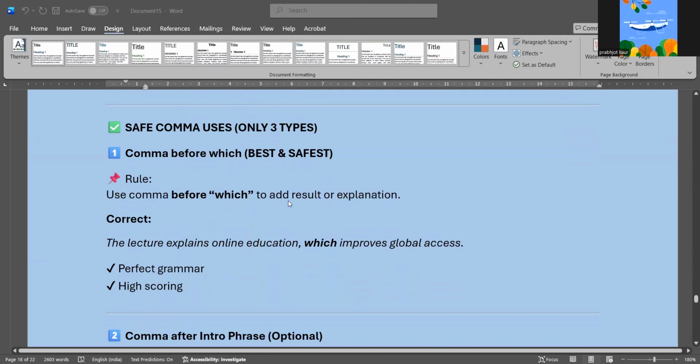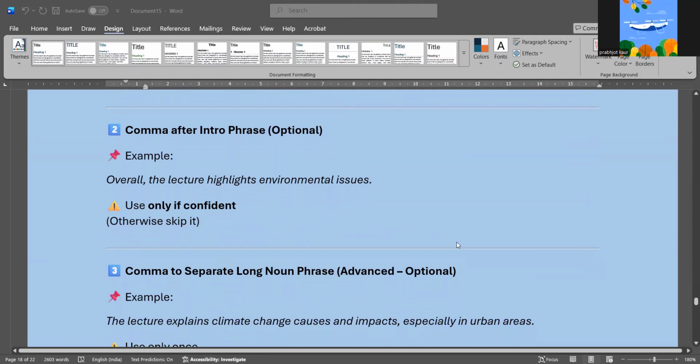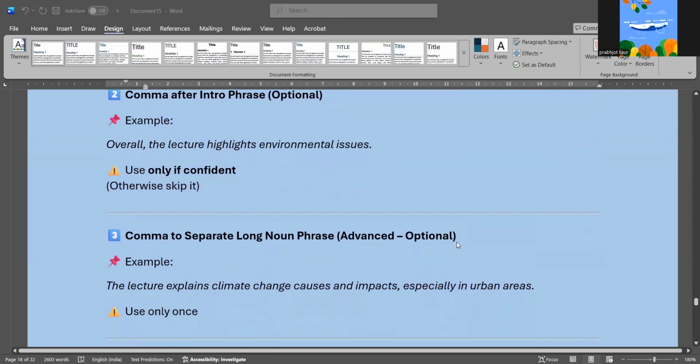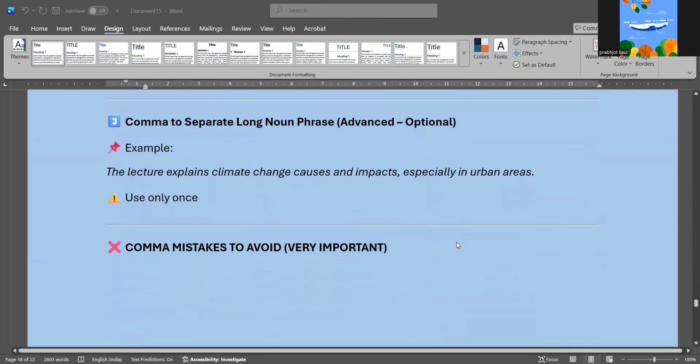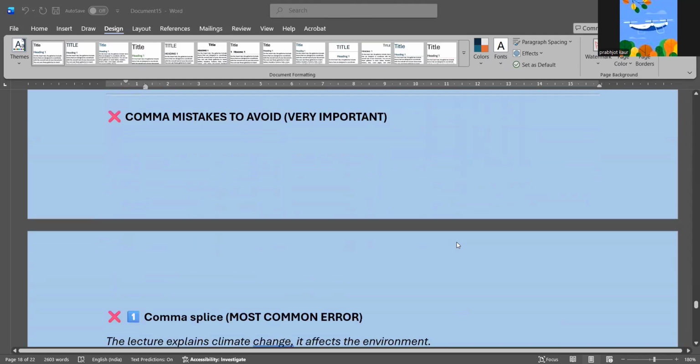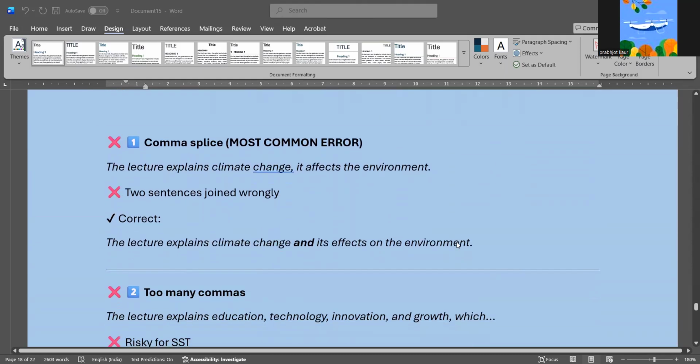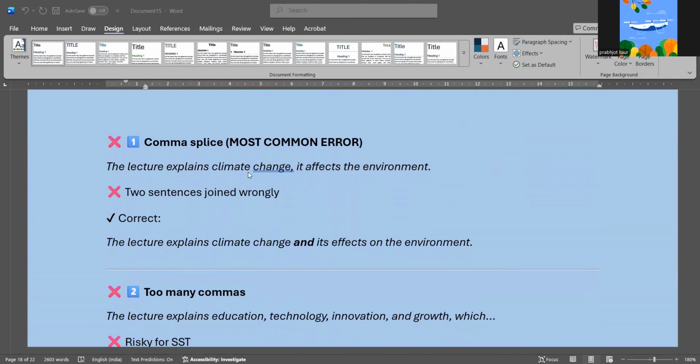Use a comma before which to add a result or explanation. The lecture explains online education, comma, which improves global access. You can read or write this, because I have used many things here. Which type of common mistake should you avoid? Like here: the lecture explains climate change, comma, it affects the environment.